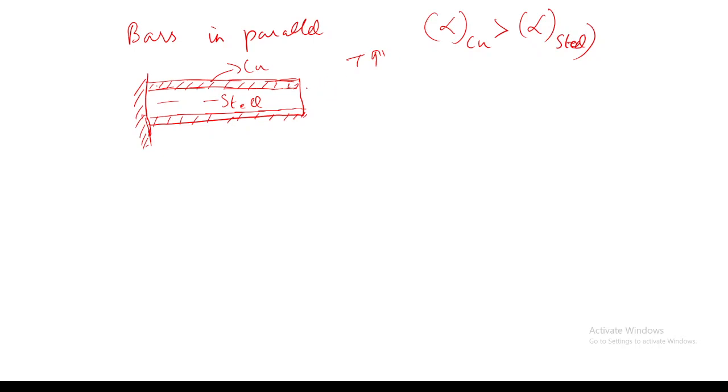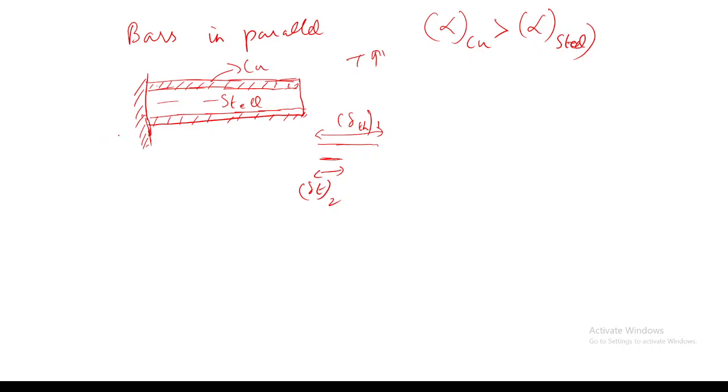So due to the temperature rise, which will try to expand very fast, and which will expand very slowly, or which will expand longer and which will expand shorter? Copper will expand longer. Yes, copper will expand by an amount like this, whereas steel will try to expand only up to this. So this will be the delta thermal due to 1, and this will be delta thermal due to 2.